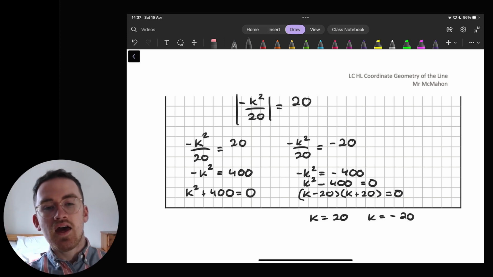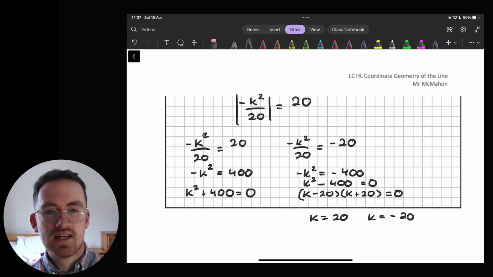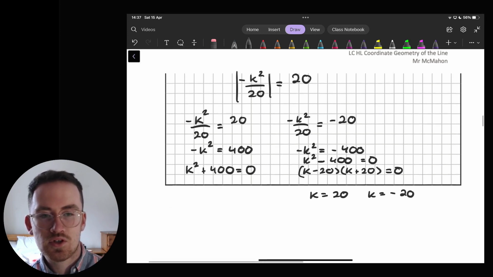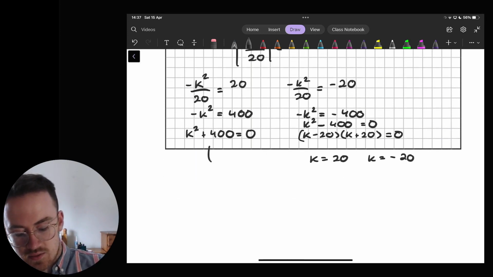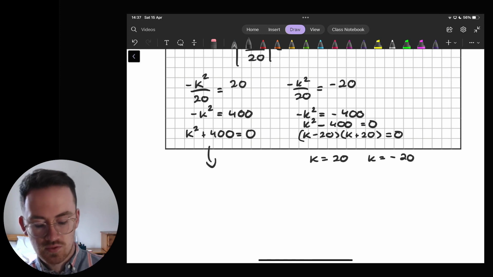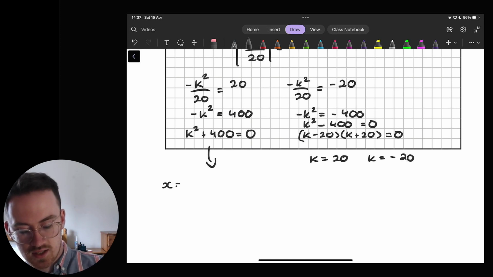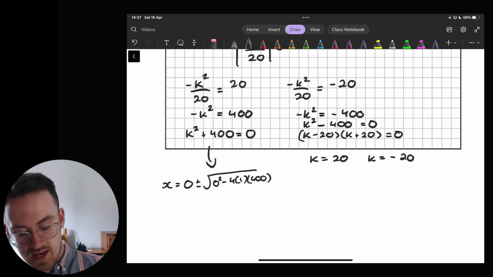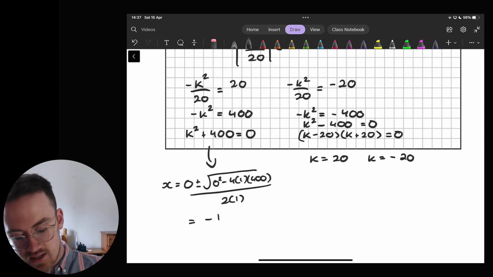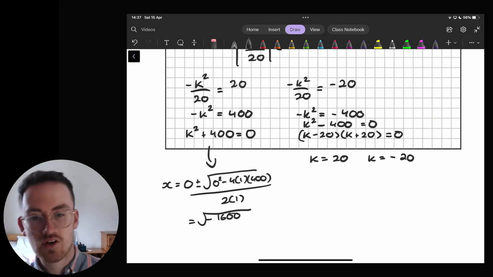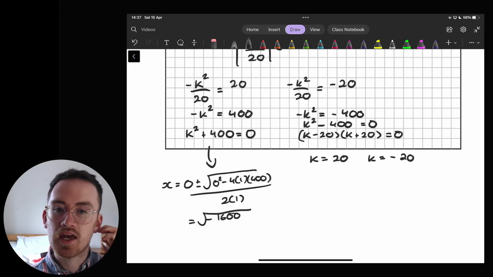The issue that we run into in the first instance is that this left-hand side one here is not a difference of two squares. If we were to try and do it as a quadratic, minus b, so b would be 0, plus or minus the square root of b squared, 0 squared, minus 4 by 1 by 400, immediately we're running into a situation where we're going to end up with the square root of minus 1600 on the top of my fraction.